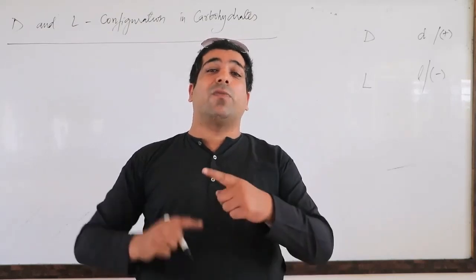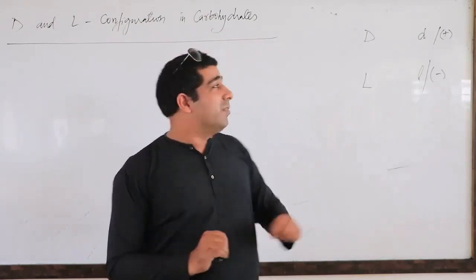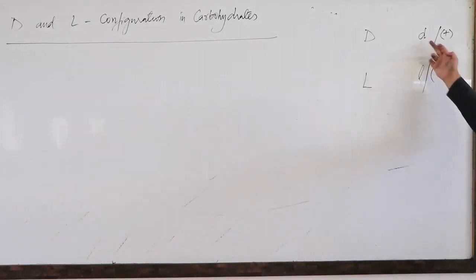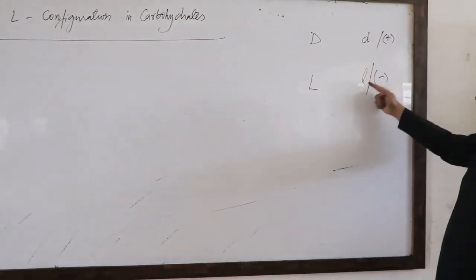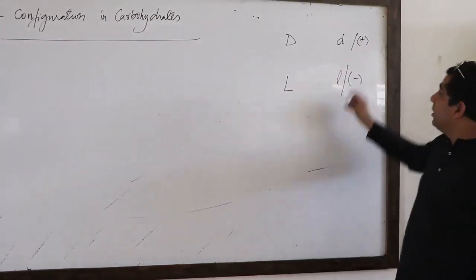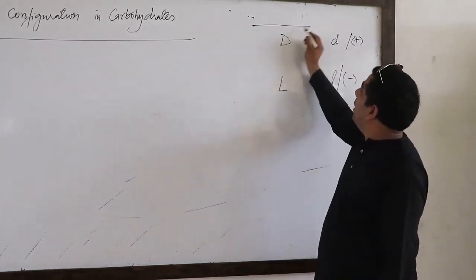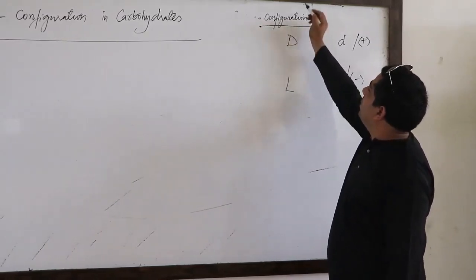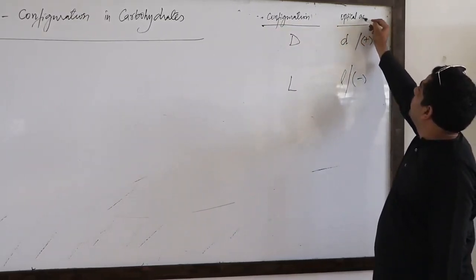So it's an arrangement of OH group on last chiral carbon in a carbohydrate, which gives me capital D and capital L. But my dear friends, when you look at small d and small l, you will find out that the d is also represented by plus and small l is represented by minus. This gives me optical rotation. So this D and L, they are for configuration, arrangement related, and this is related to optical activity.